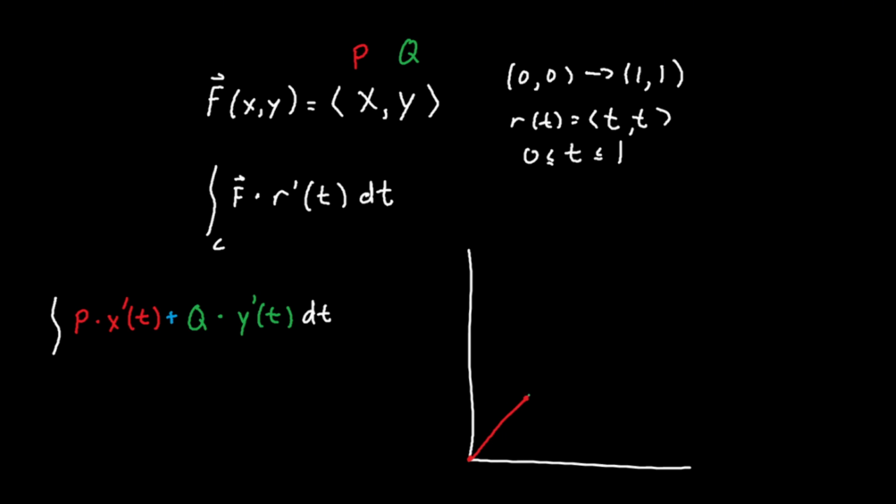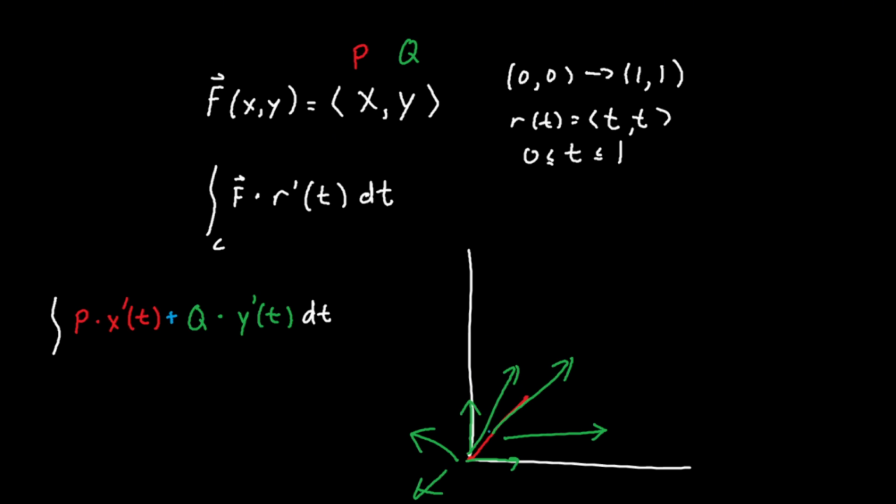So this is your line from (0, 0) to (1, 1), and let's say you have a vector field xy that just points out in all directions. Let's draw it with green. Something that looks like this, getting smaller.